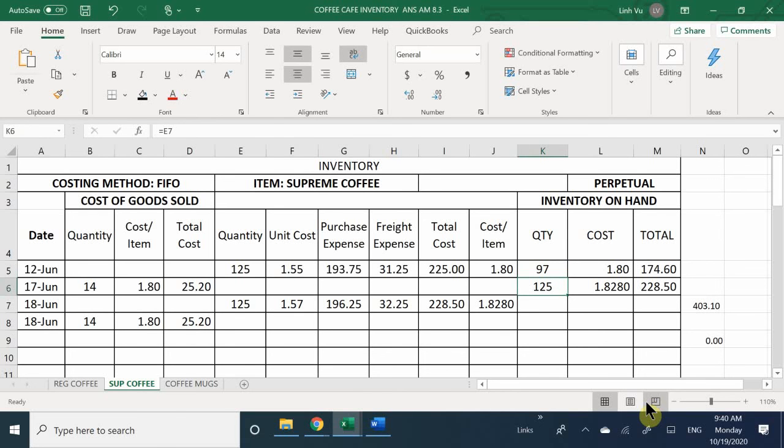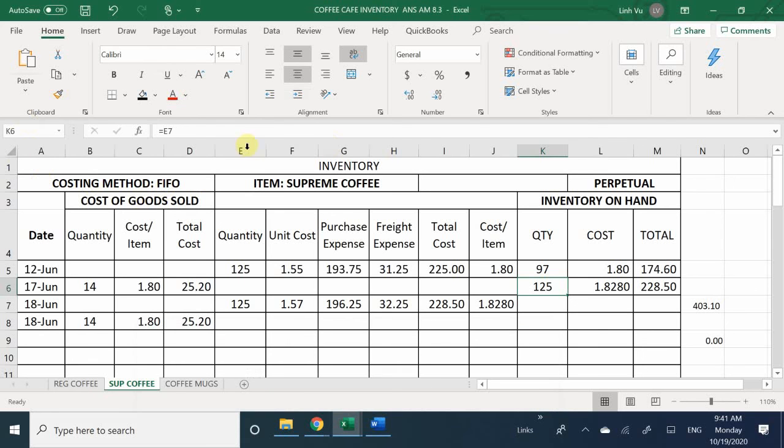Should give you 174.60, which should change your balance to become now 403.10. All right, keep that number in mind because that's going to reflect when you complete your journal. All right, complete the ledger. So 403.10. All right, and that's how you update your inventory. Okay.